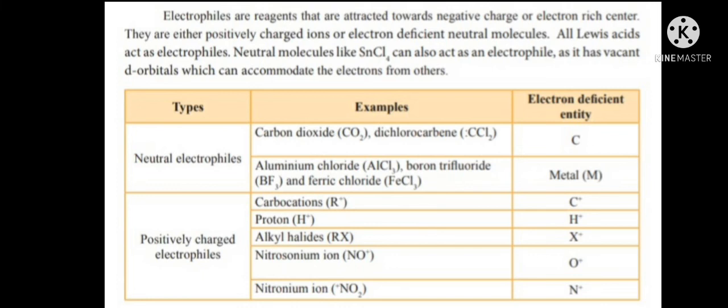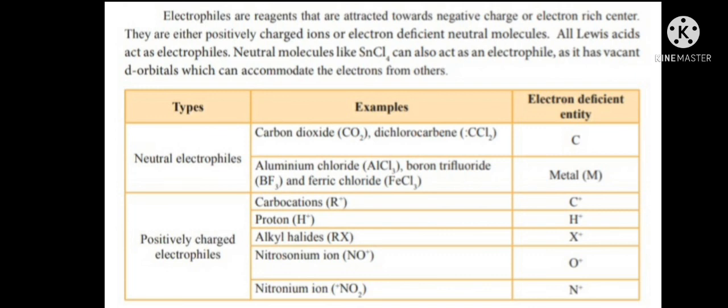Carbon dioxide with the formula CO2, dichlorocarbene with the formula CCl2. Here, the electron-deficient entity is C. Next one, aluminum chloride with the formula AlCl3, boron trifluoride with the formula BF3, and ferric chloride with the formula FeCl3. Here the electron-deficient entity is metal, which is given by M.